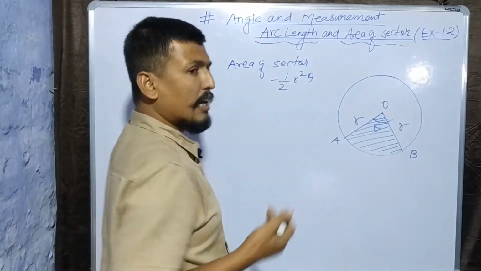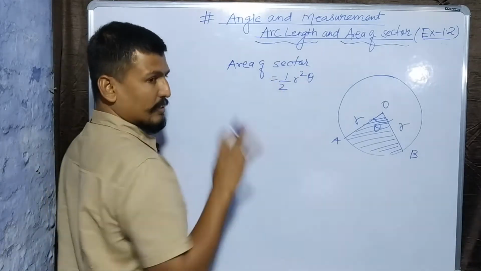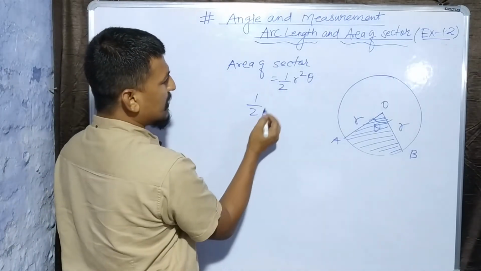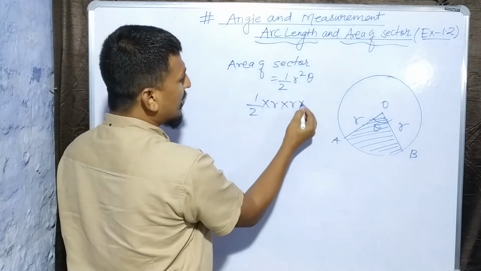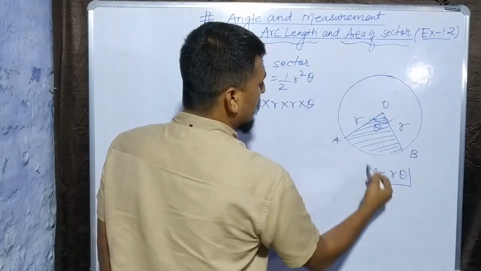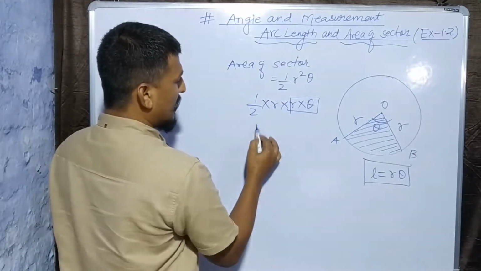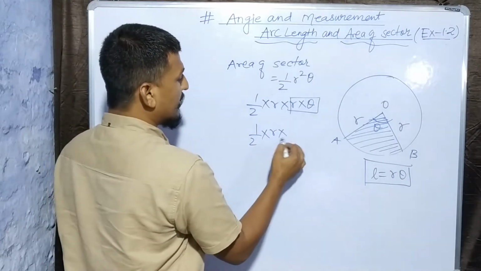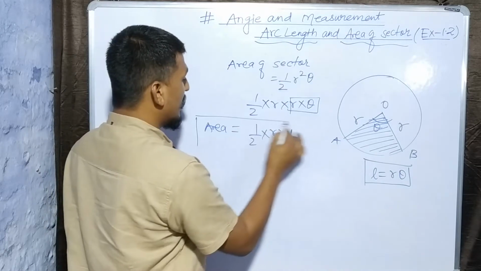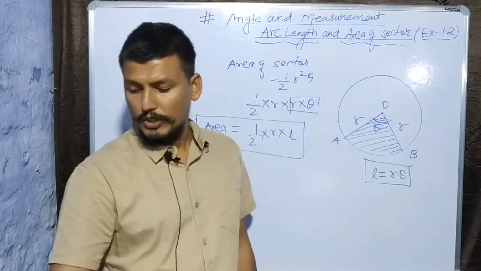This proof is not asked in any examination, but for solving the exercise we have to use this, right? This is also used in the 10th standard. This can be written as half into R into theta, and we have the formula L is equal to R theta. L is the length of arc. So this can be written as half into R into L. This is the area. This formula is to be used in exercise 1.2.